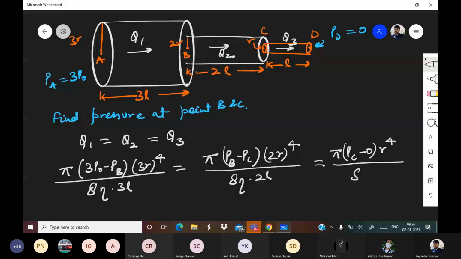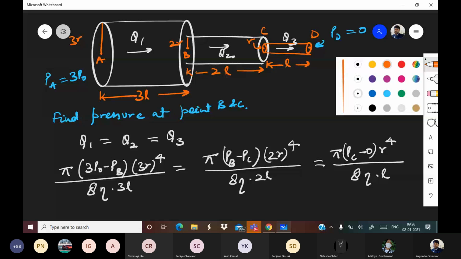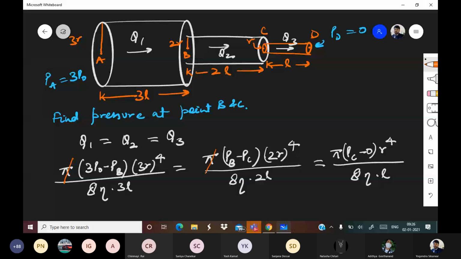upon 8 eta L. Now you notice how I am cancelling things. This pi, this pi, this pi. 8 eta, 8 eta, 8 eta. L, L, L. This 3 and this is 3 to the power 3.